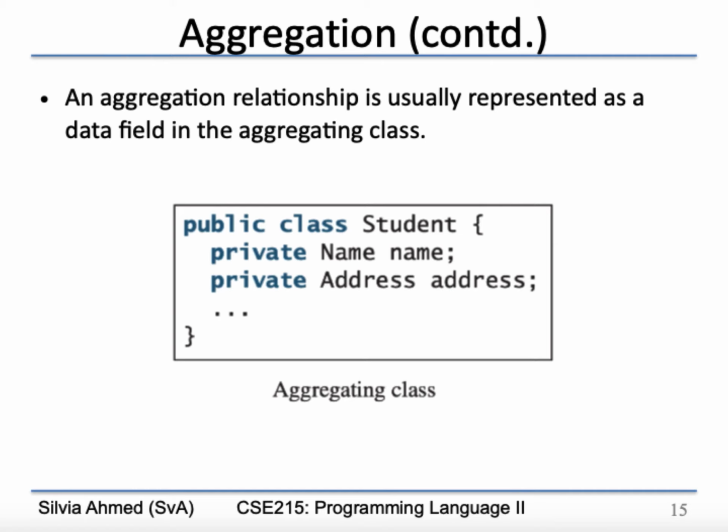Similarly, when we say a student has an address, it simply means inside the student class, it has a data field of type address. So ownership is implemented by using another class as a data field of some class. So this is called aggregation.